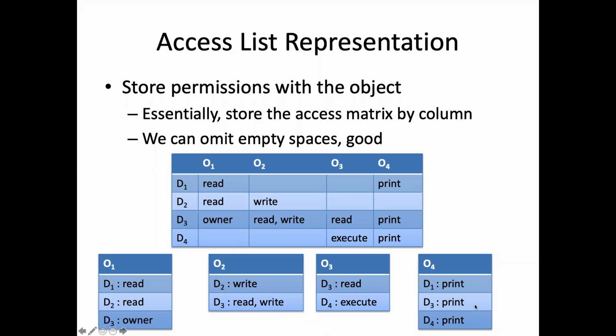If there's a default access permission for any user who might want to access that, we can record that as a standard permission for whoever might access that. So you can think of the access list as a way of representing this table a column at a time, leaving out the entries that would otherwise be empty. If we tried to represent this whole thing as a table, many of the cells would be empty, and this saves the storage for those.